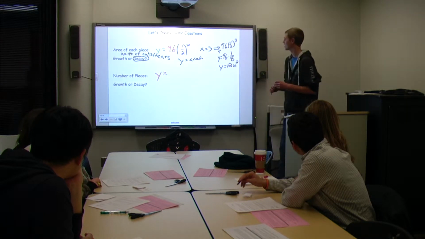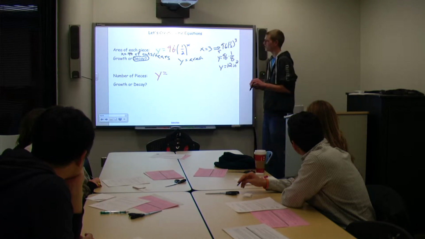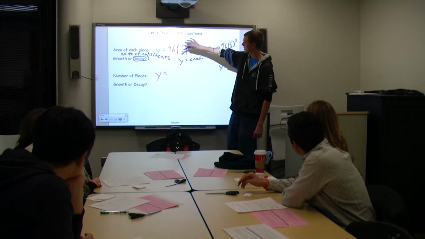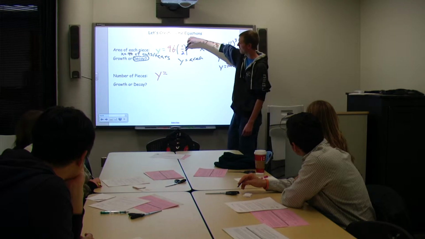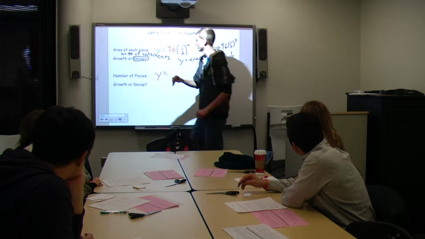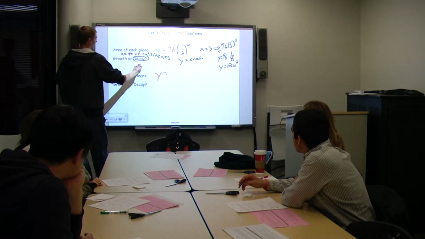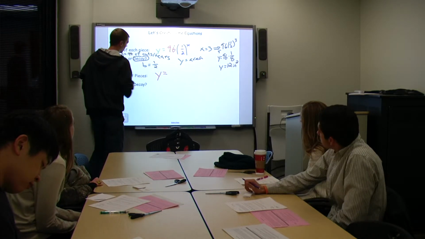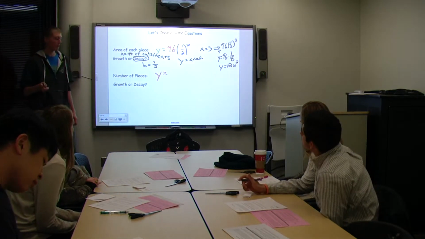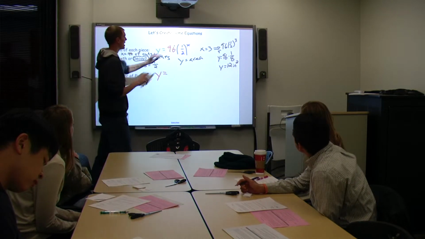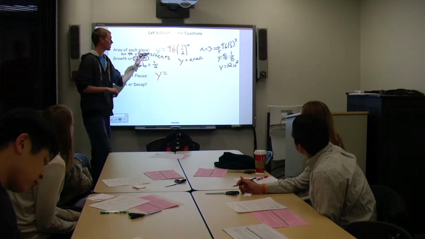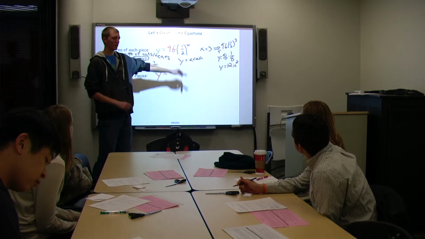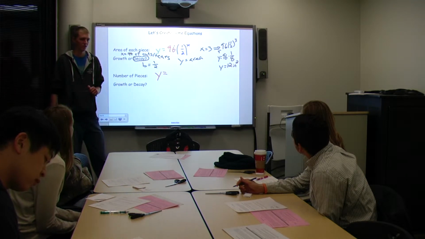Because if you think about this, we go from 1/2, right? Because this is our growth or decay factor, which I kind of just told you. So when we find that, we have b equals 1/2, right? Because that's our decay factor. Now, if you think about this, as x increases, is our decay factor going to get bigger or smaller? Smaller. Why?